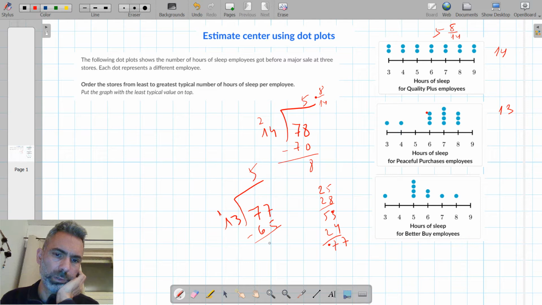And the remainder is 12. So 5 and 12 over 13.